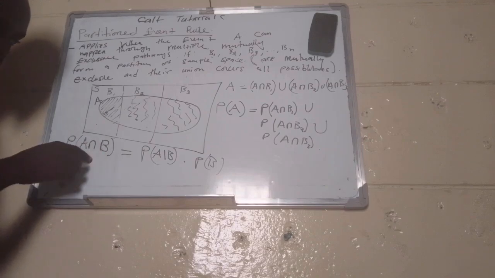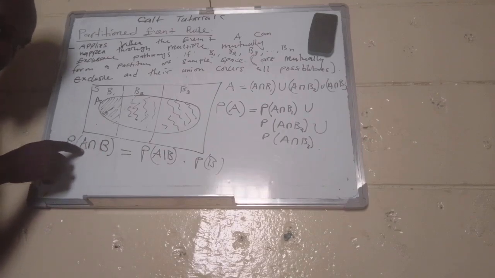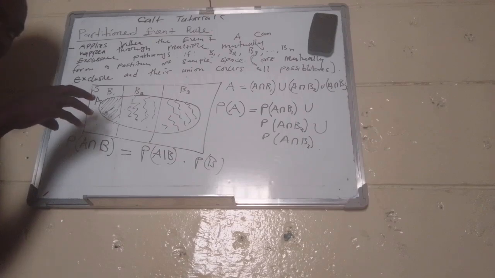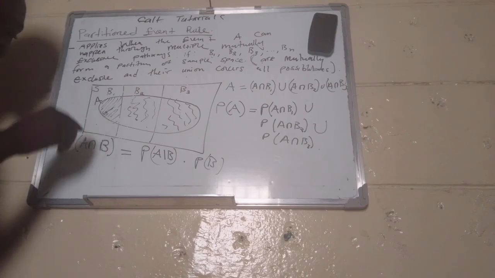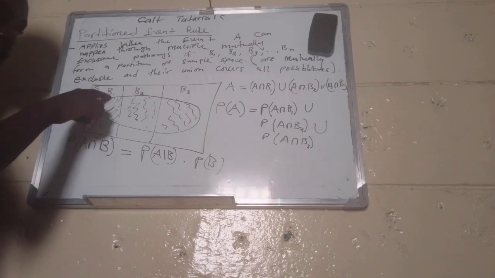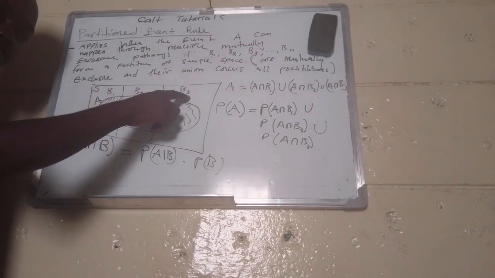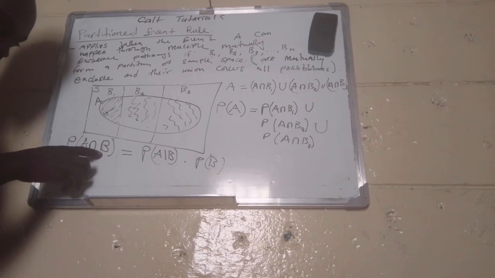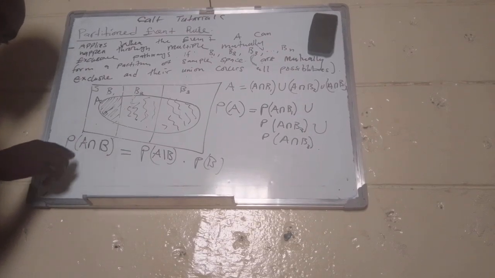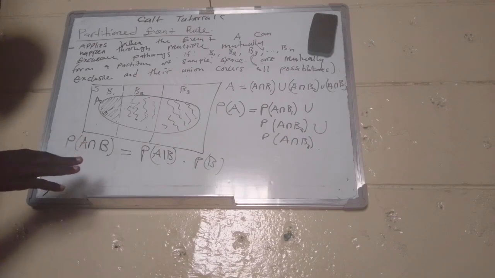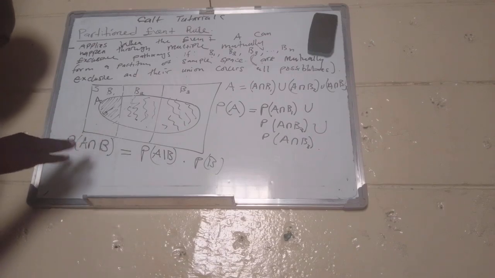But for me to find A, there must be a certain partition where A can be found. Can it be in B1, B2, or B3?